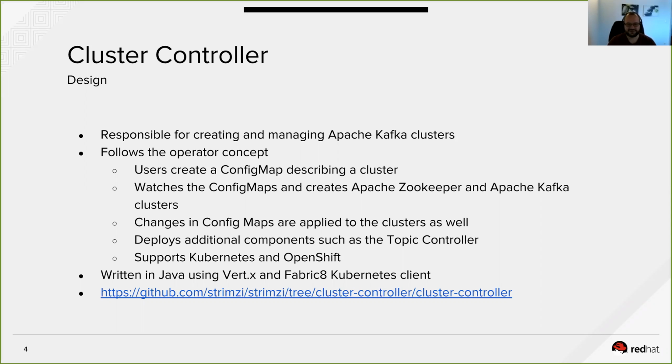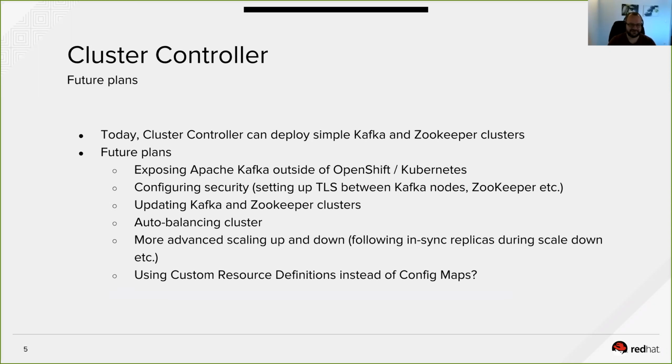And we are using something called stateful sets for deploying the clusters, which give each member of the cluster a stable identity and allow us to manage it. The Strimzi project is in an early stage, so there are a lot of things which we are still yet to implement. There's a lot of remaining work around security, like setting up encryption and authentication.